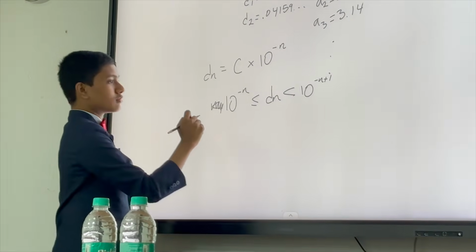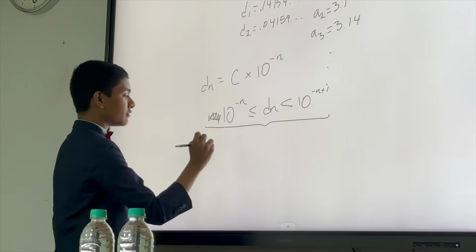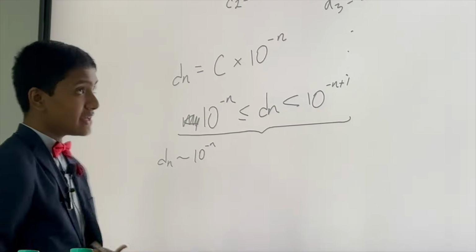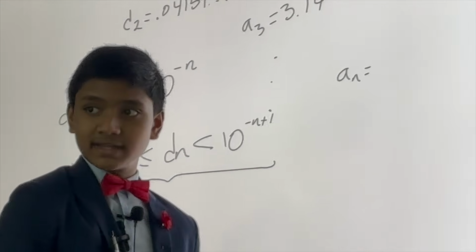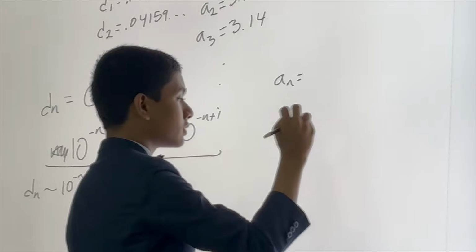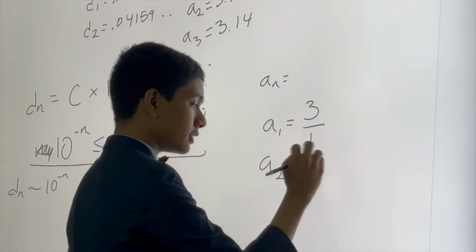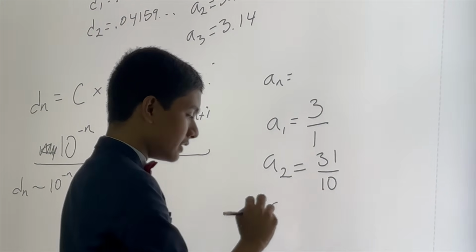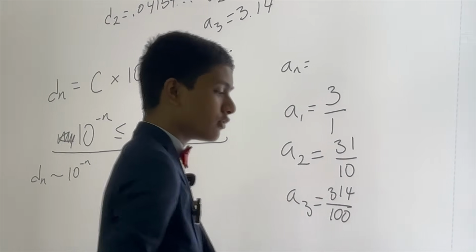So, what this tells us is that d_n is very roughly proportional to 10 to the minus n, and the denominators of our approximations are exactly 10 to the n minus 1. For example, A1 was 3 over 1, A2 was 31 over 10, A3 was 314 over 100, and so on and so forth.